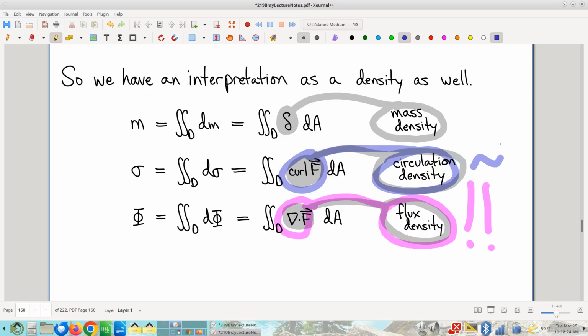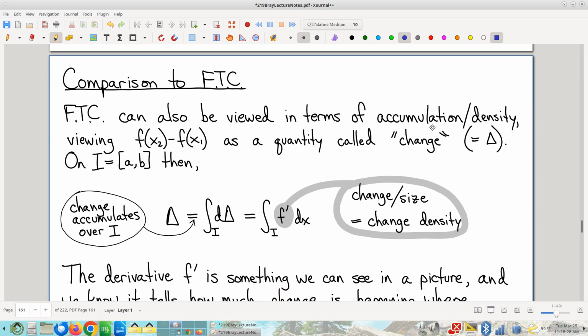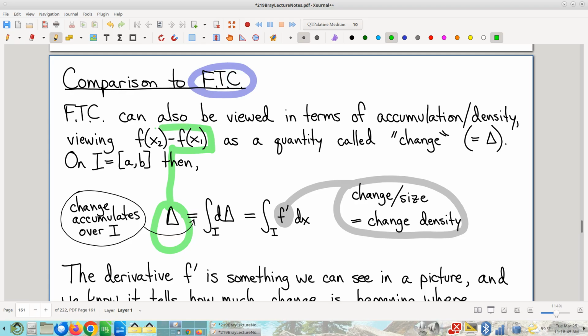Okay, I have a minute and a half. Let's see here. I'm going to plant a real quick thought, and then we'll call it a day. And that is the fundamental theorem of calculus. I know y'all know the fundamental theorem of calculus. I'm going to assume that y'all are good with it. I just want to point out, you can think of the fundamental theorem of calculus as a way of computing change. Don't think of it as a way to compute integrals.